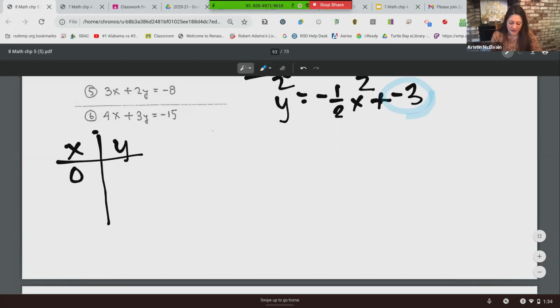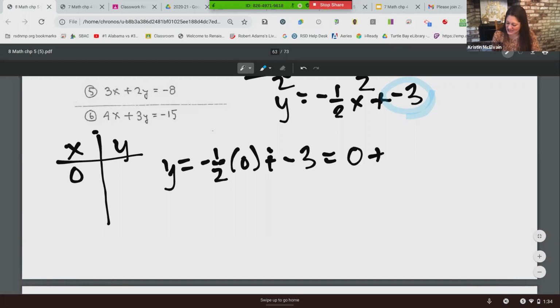But I have to show my work. So I'm going to say y equals -1/2 x times 0 plus -3, equals 0 plus -3, which then of course is -3 for y.